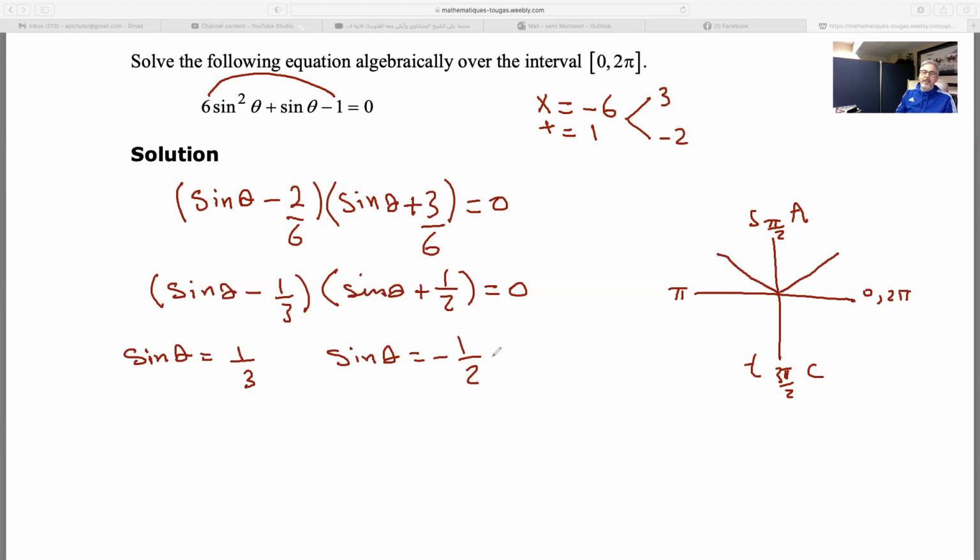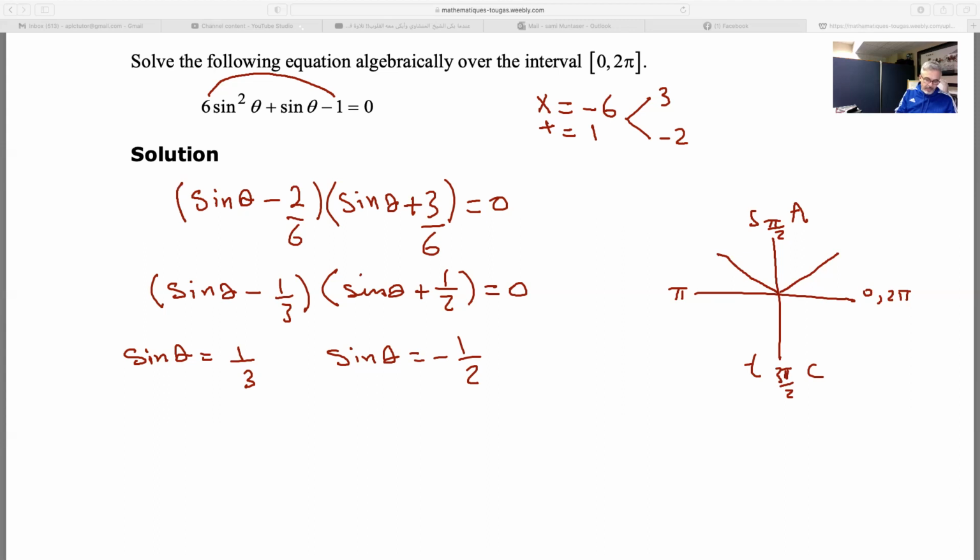And the next step, see here, this is not a special angle triangle. This 1/3, we don't have this in a special angle triangle. So you have to use the calculator. This is a calculator question. We want to make sure that we set our calculator to radians mode, since they're asking me between 0 and 2 pi.